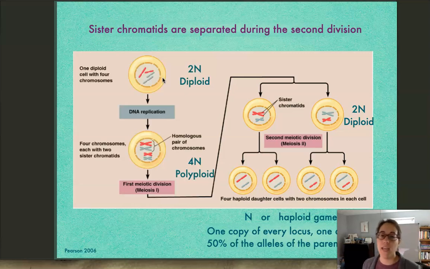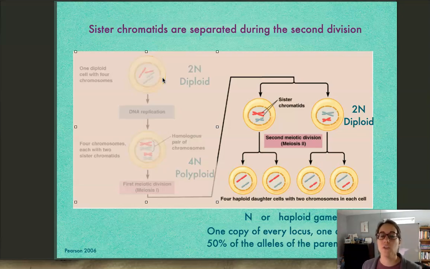But in egg production, there is an unequal distribution of cytoplasm. So we end up getting only 1 egg cell, and the other cells end up being what are called polar bodies, and they're very small and they can't be fertilized.